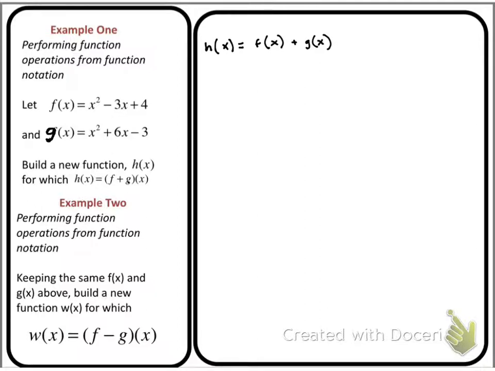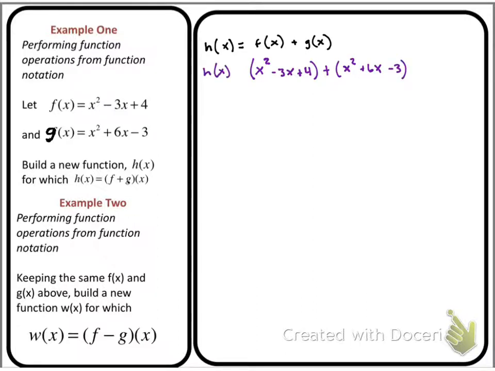So we just start plugging in. We know what f of x equals. F of x is right here. So this is going to be x squared minus 3x plus 4, plus g of x, which is x squared plus 6x minus 3.